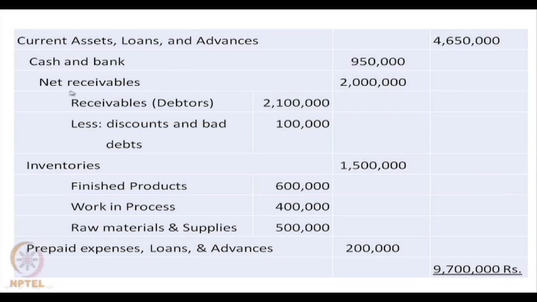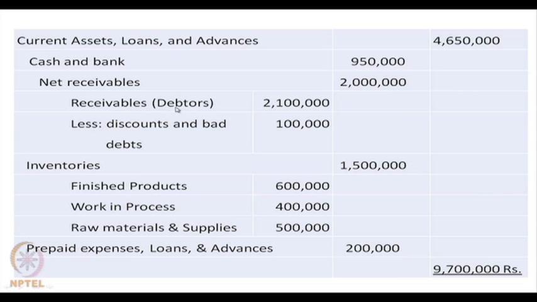And net receivables. Remember that a company who sells products to its customers, quite often this sale takes place in the form of credit. Therefore, no immediate transaction of cash takes place. So, the cash comes at a later date. The amount that the company is expecting to get from its customers is called the accounts receivables.